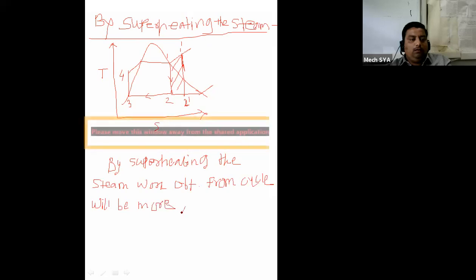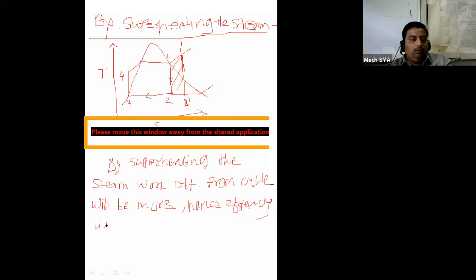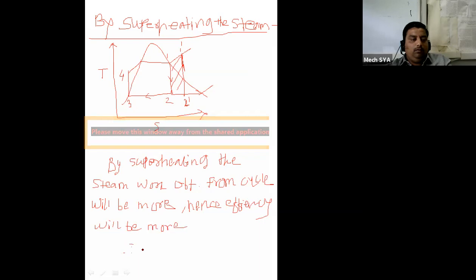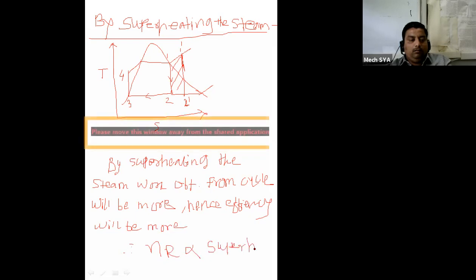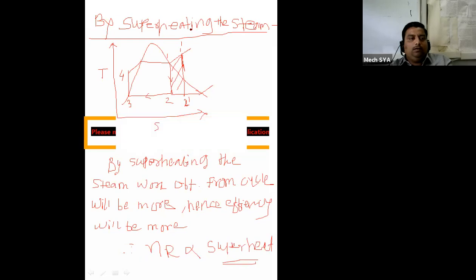Hence efficiency will be more. Therefore, eta Rankine is directly proportional to superheat. More superheat, more efficiency. Understood this?